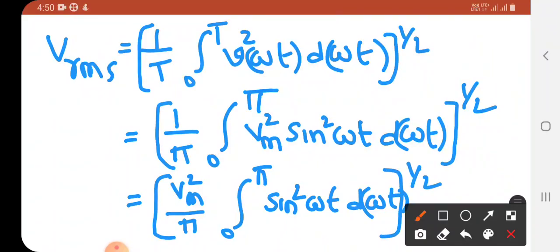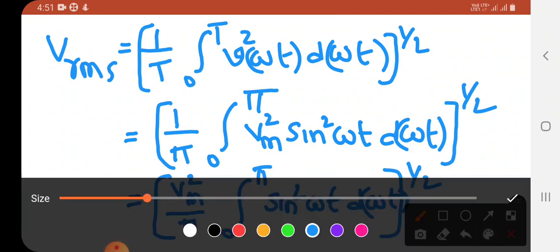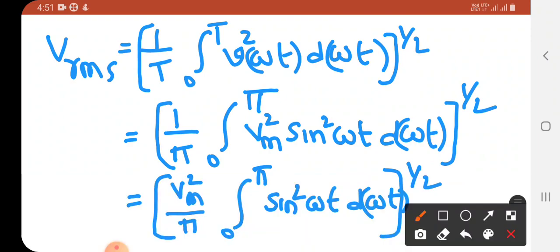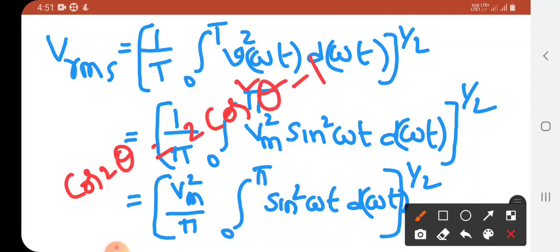Yes, now how do you find the integration of sine square theta d theta? So simply I can write sine square theta as 1 minus cos 2 theta by 2, because we know that cos 2 theta is equal to 2 cos square theta minus 1 or 1 minus 2 sine square theta.